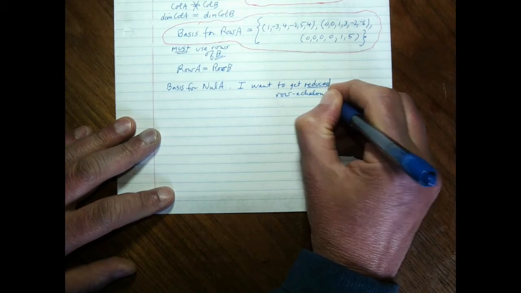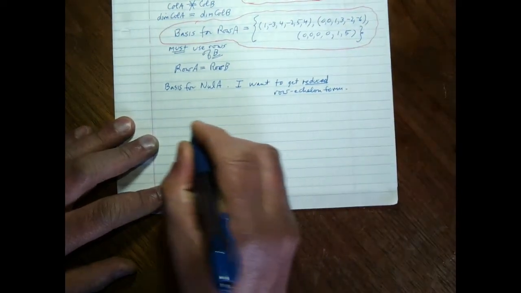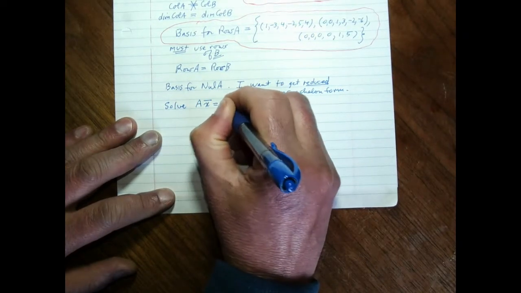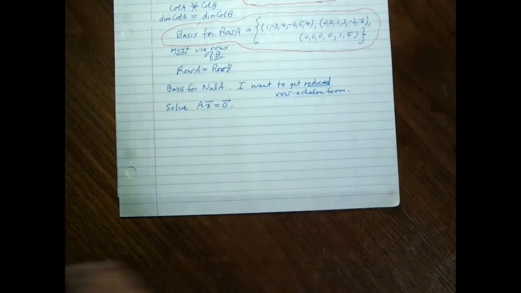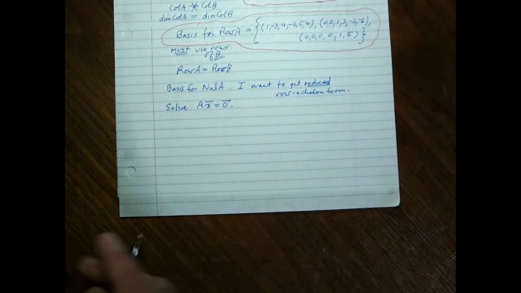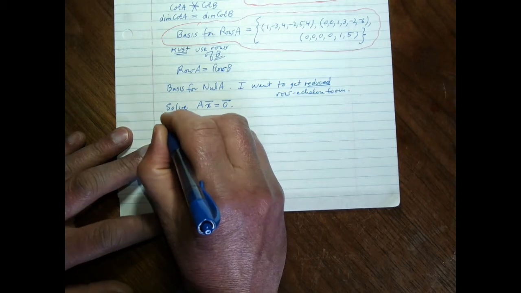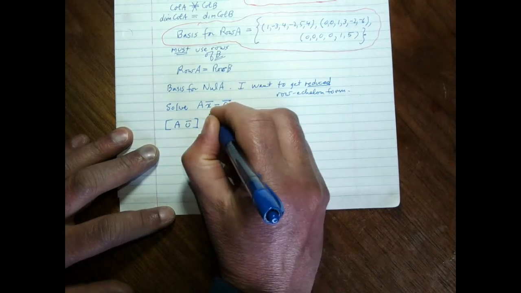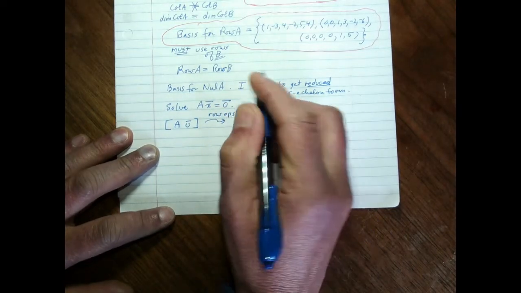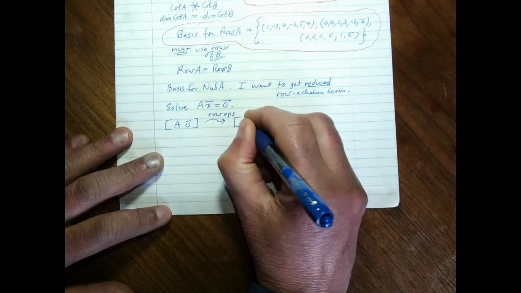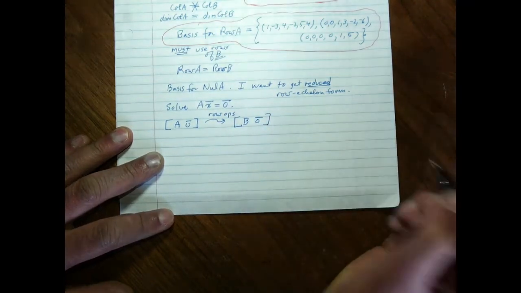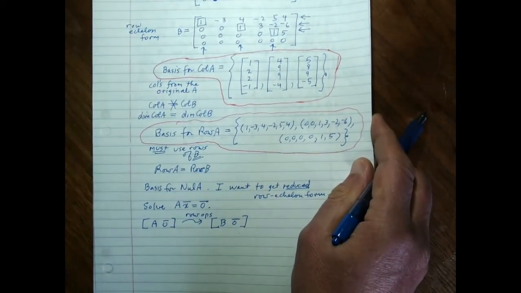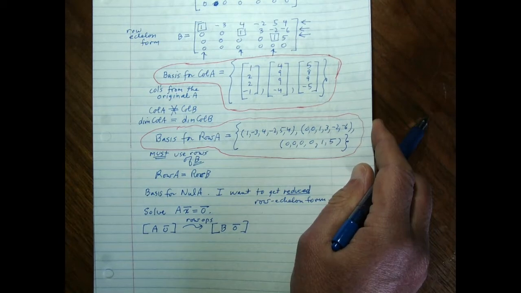Because I have to solve the homogeneous equation, right? AX equals 0. So my augmented matrix starts out looking like A 0, and through row ops we're going to get to B 0, so the same as the B matrix up above, but that's not in reduced form yet. So I'm just going to go ahead and tell you what I get here for my reduced form.